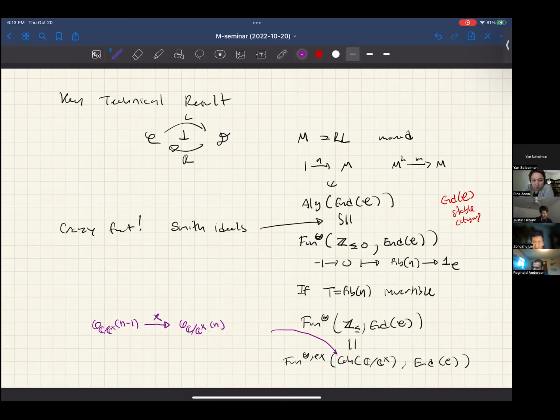Basically this is all the structure in that category: you have an integer's worth of objects and one map between each one. And if you stabilize that, that gives you everything.